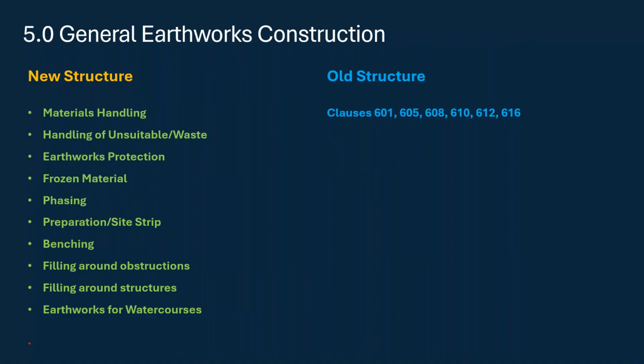And this really specifies all the operation of how you handle materials, how you stockpile them, what you do with waste materials, how you protect your earthworks from degradation from the weather, what you do about frozen material, maybe what you do with it once it's thawed, phasing of the work, which particular parts need to be completed before others, how you prepare the site, benching in to either previously prepared fill or natural ground, how you work around obstructions.